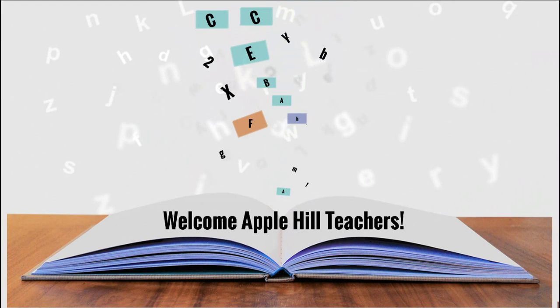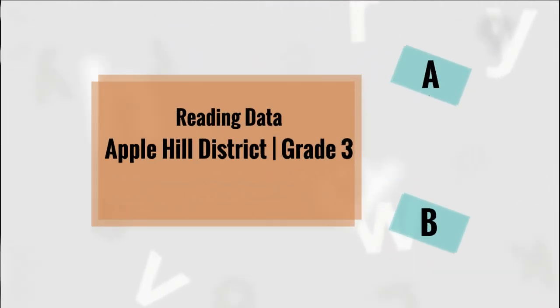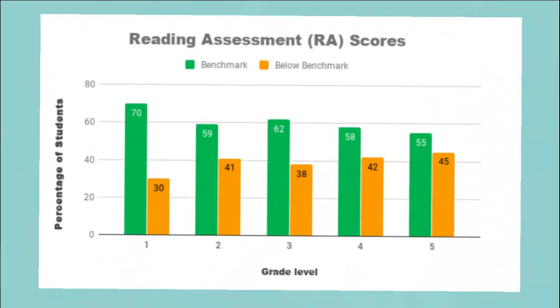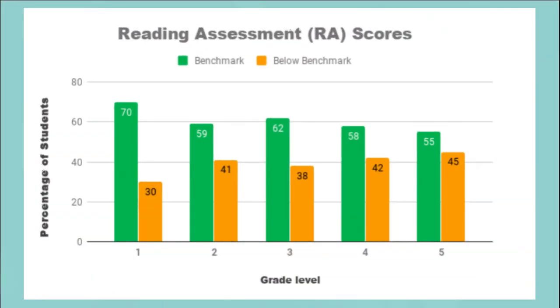First off today, I want to take a look at some reading assessment data that I pulled from the district and give you my analysis and some ideas of where I think we can go next. Here we have an overview of the district's reading assessment scores, comprising a mix of student achievement in word knowledge and skills, comprehension strategies and constructing meaning, analyzing literary text, understanding author's craft, and analyzing argument and evaluating text.